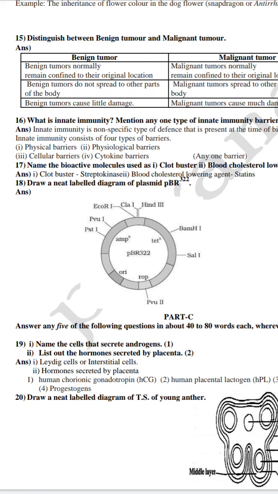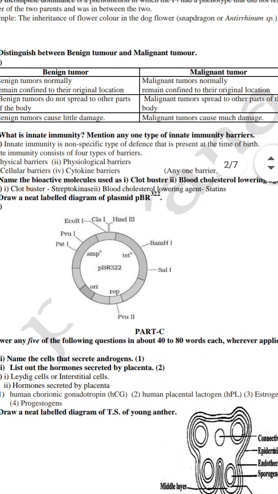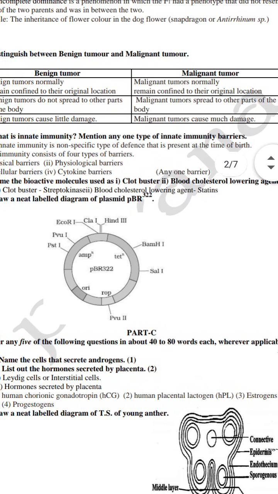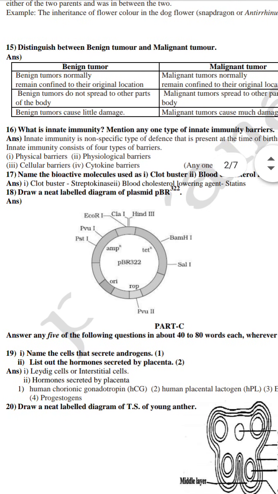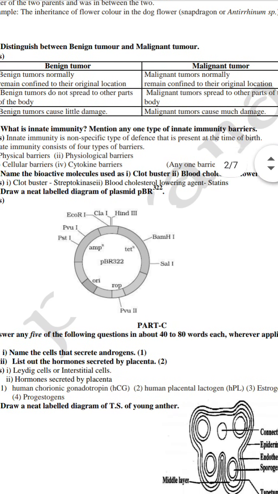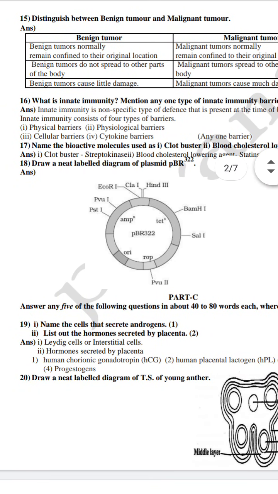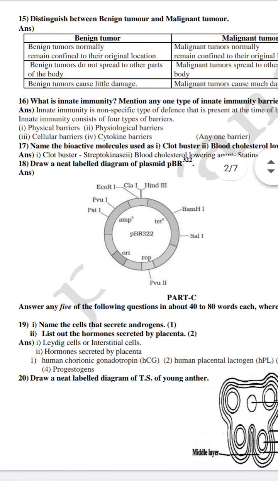Benign tumors do not spread in the other parts of the body, whereas malignant tumors spread to other parts of the body. Benign tumors can cause little damage, and malignant tumors cause much damage and leads to death even. This question is from Human Health and Diseases, very important concept, even for 5 marks category.